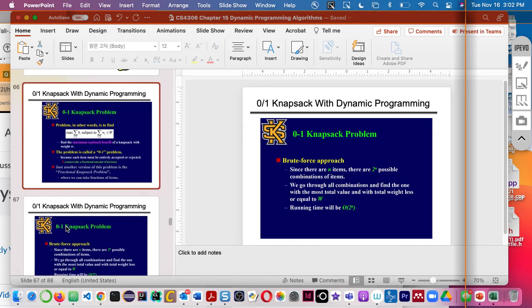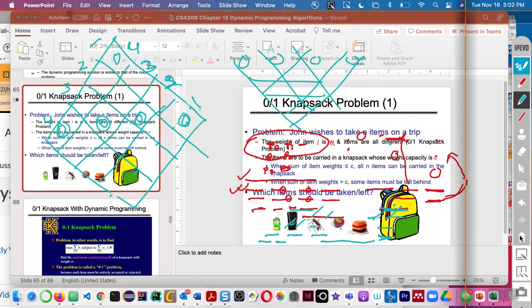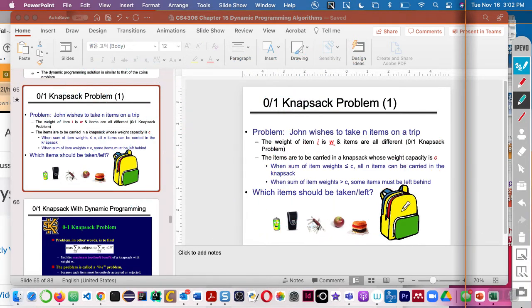We can even do the naive way. For instance, we can do a binary selection. If you have items 1, 2, 3, 4, 5, right? You may select only one of these items, or none of these, or if your weight permits, you can select all of these, right?